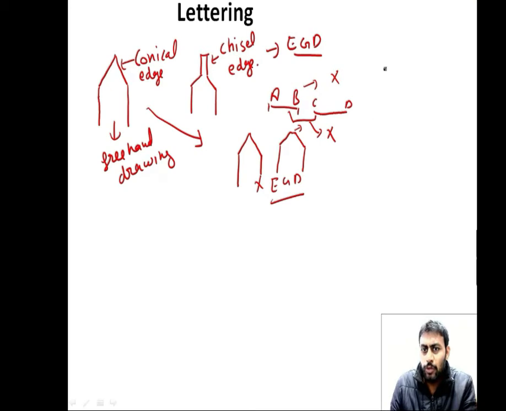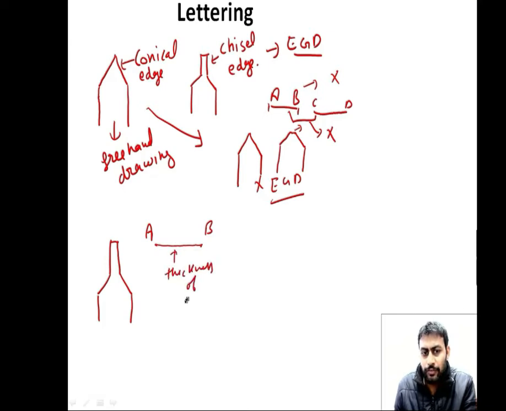If I am talking about the chisel edge type pencil, when we draw a line, for example, from point A to B without lifting the pencil, the thickness of the line remains constant.